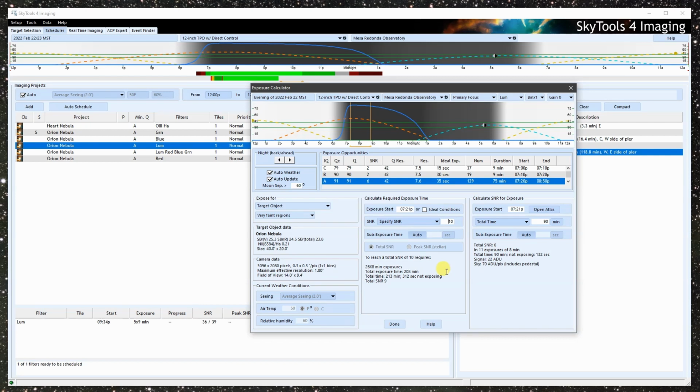There's this faint nebulosity way out on the outside. In order to get a good signal-to-noise ratio, you need a lot of signal from that part of the object. It's very faint, so you're going to need to expose longer. And in this case, 26 8-minute exposures only gets us to an SNR of 9.